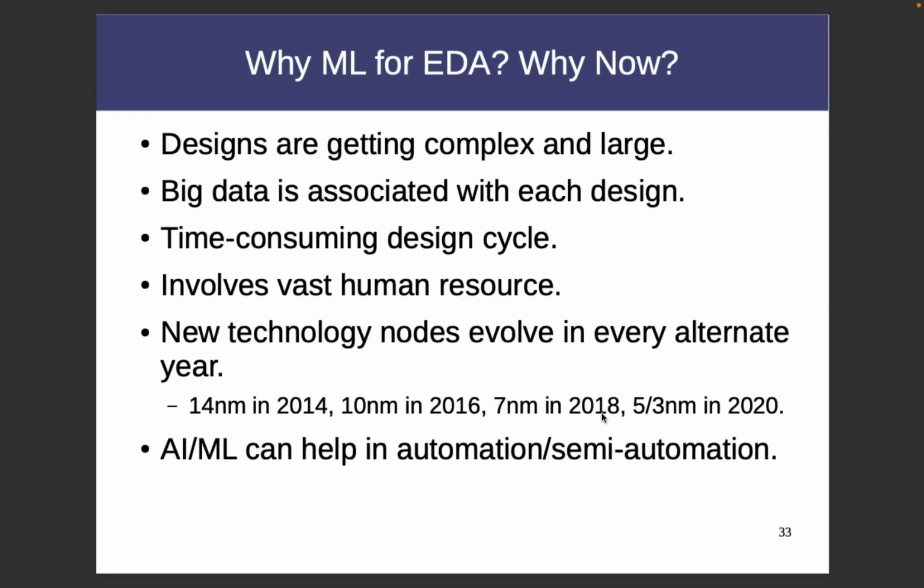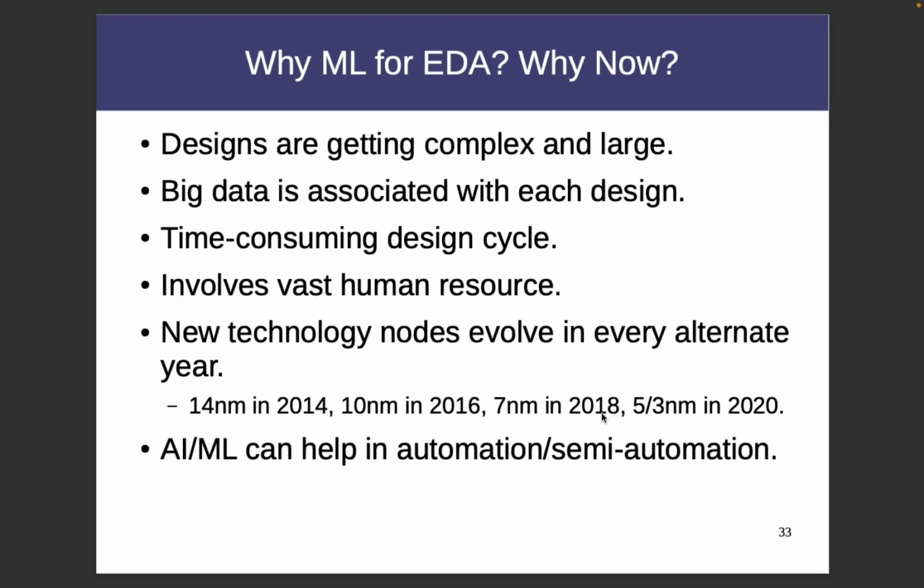Also, design cycles take a huge amount of time and resources, including power and manpower. Also, newer technology nodes evolve every alternate year. So why not use historical knowledge to create a machine learning model to generate design solutions for the next technology node?